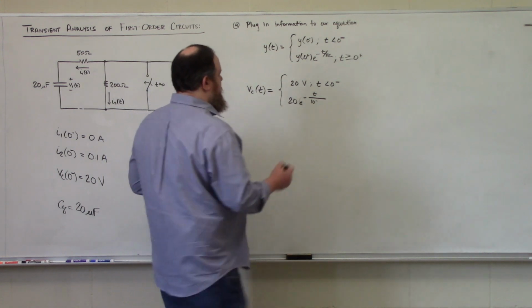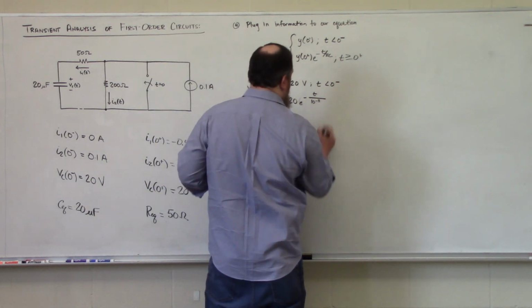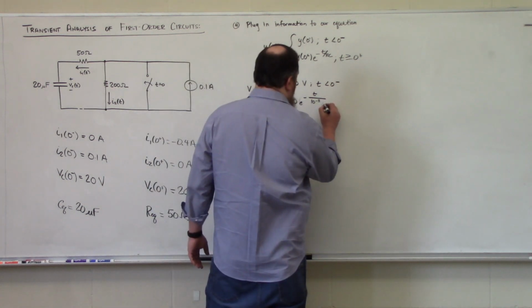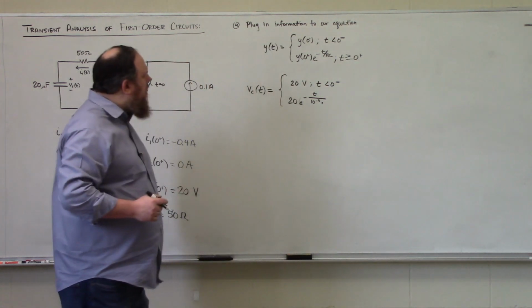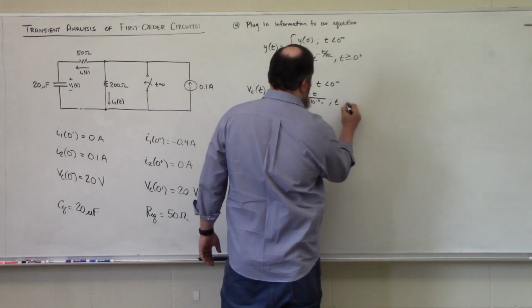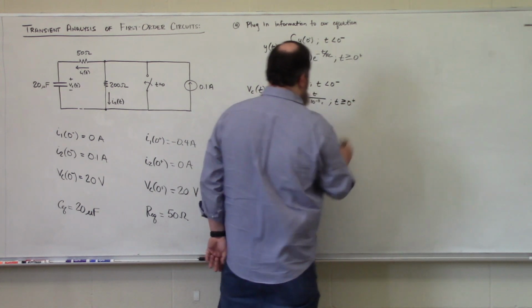Yes, it's 10 to the minus 3. I just wanted to make sure here. And this is going to be in units of seconds, for t greater than or equal to 0 plus.